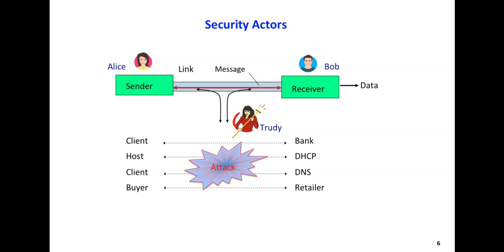So there are many ways that the attacker could attack the system and spoil the game between the sender and the receiver. So these are the security actors involved in the system. We'll talk about them again and again.